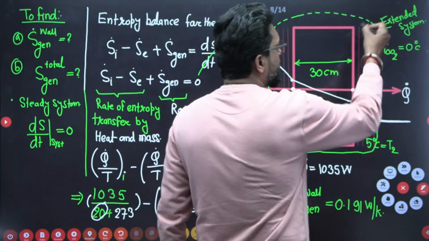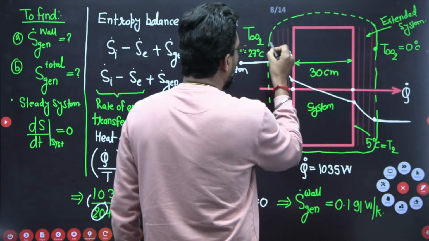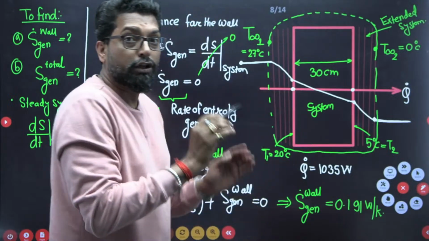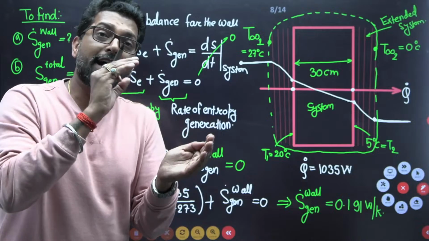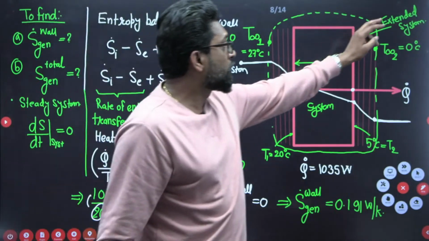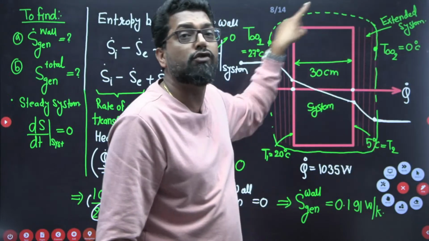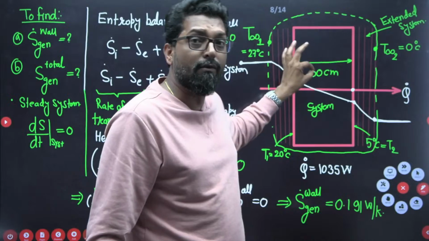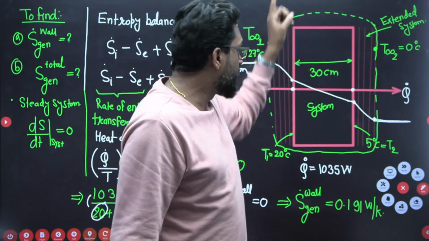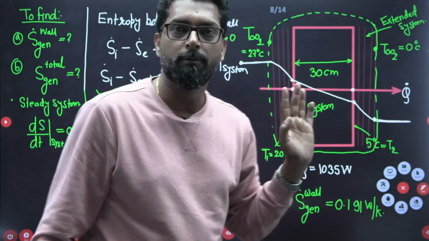So this is our extended system. What is the extended system temperature? 0 degrees and 27 degrees. So if you find the total entropy generation, we always have to put the temperature of the surrounding. If you find the entropy generation of the system only, like a wall, we always have to put the temperature of the boundary. This is very important, I am telling you.